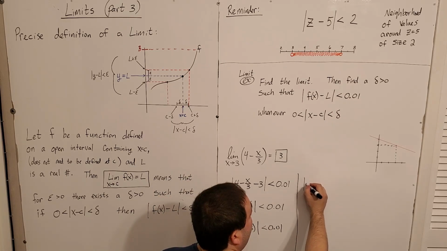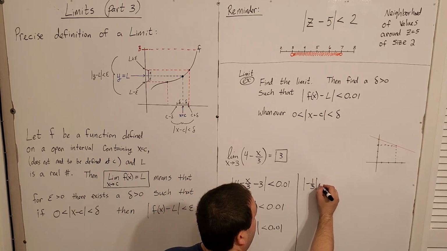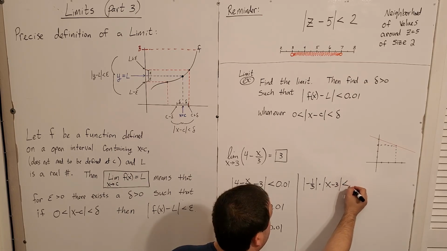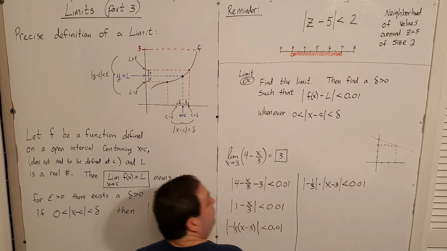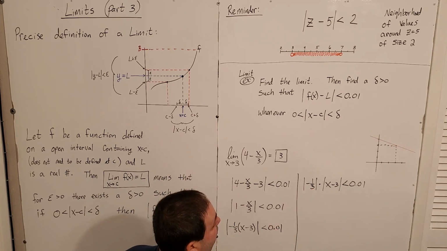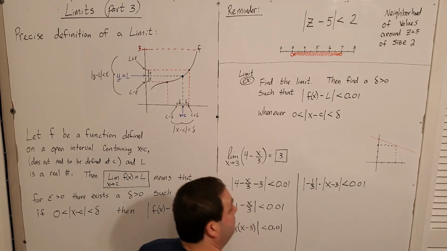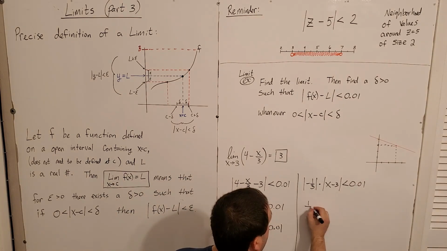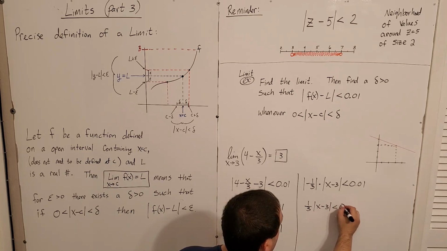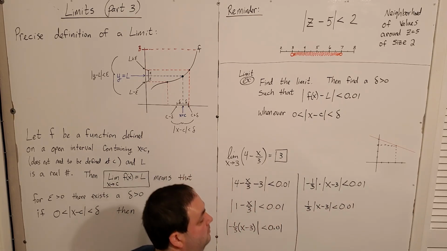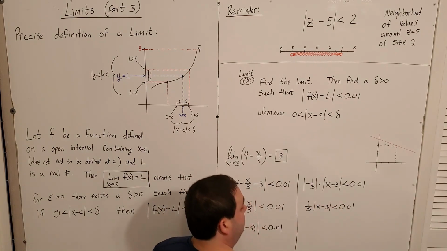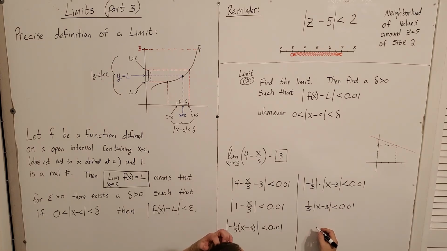I have the absolute value of negative 1/3 times the absolute value of x minus 3 is less than 0.01. Well, the absolute value of negative 1/3 is just 1/3. Right? Multiply both sides by 3 and notice what you get.